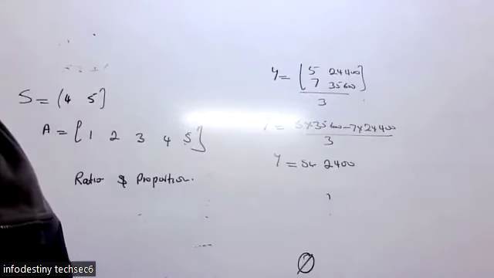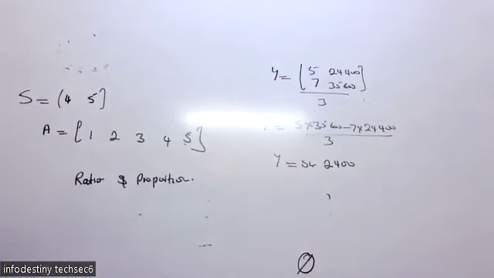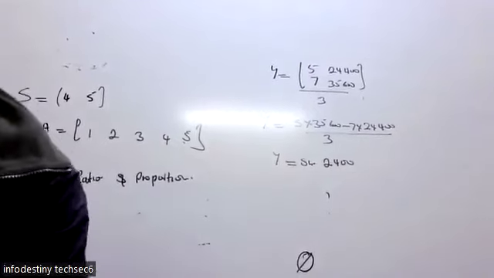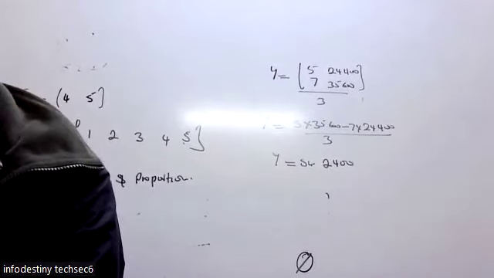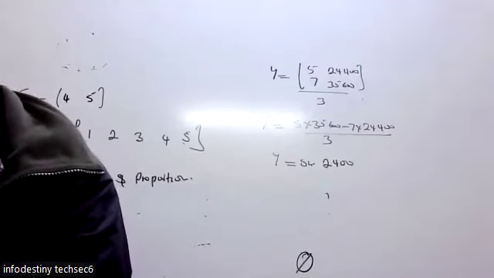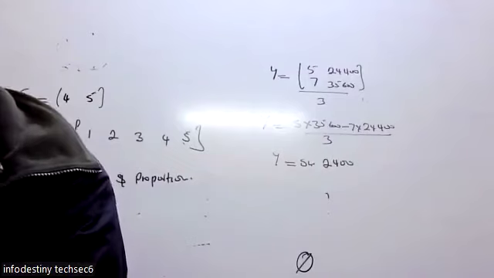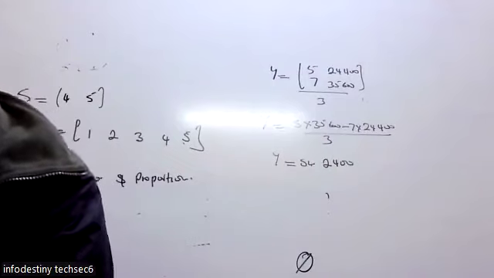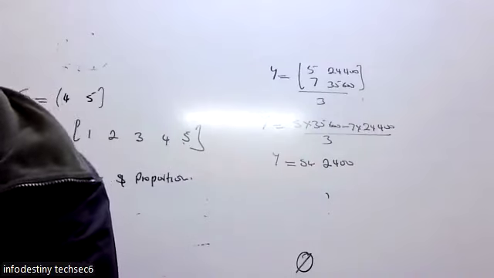The next one says the probability that a student will pass a mathematics examination is 2/3. And the probability that he will fail an English examination is 5/9.